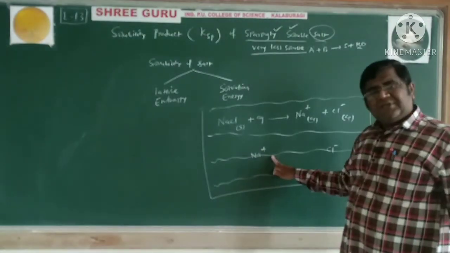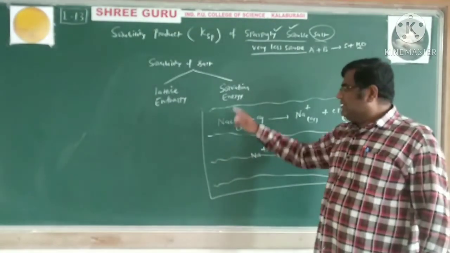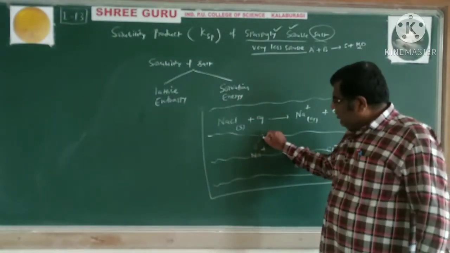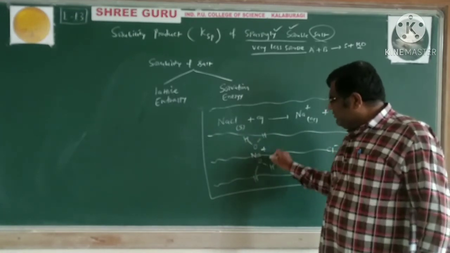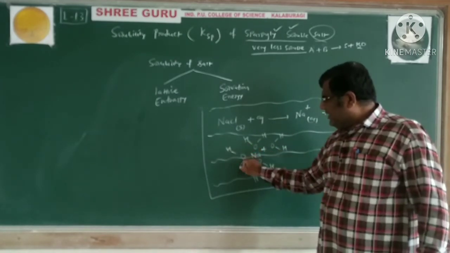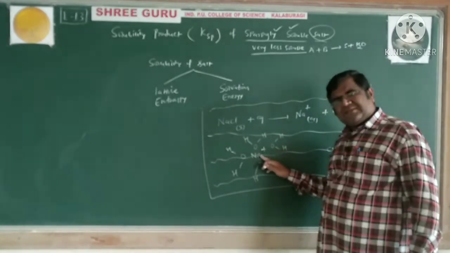But after the separation, this Na plus ion is stabilized by solvation. Solvation means what? All around this Na plus ion, H2O molecules come to surround it, to make it stable, such that oxygen is nearer to Na plus.